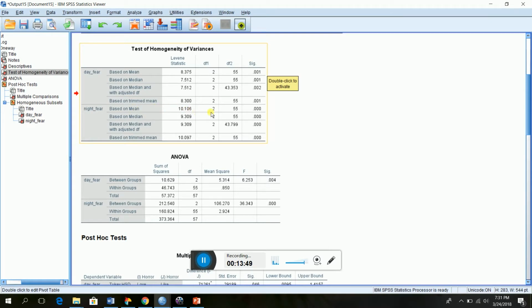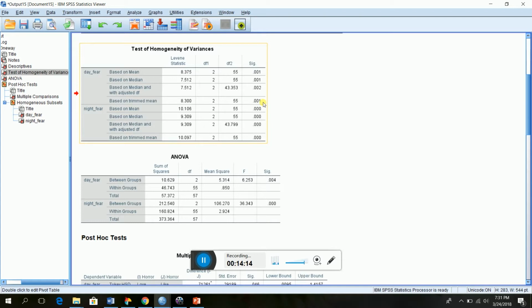Now, when we have a violation, in this case, to the assumption of homogeneity of variance, we have a choice. I think probably the best choice for us at this point in time is to say that if we do find a significant ANOVA either during the day or night, we're going to make it a little more difficult for us to reject H0.